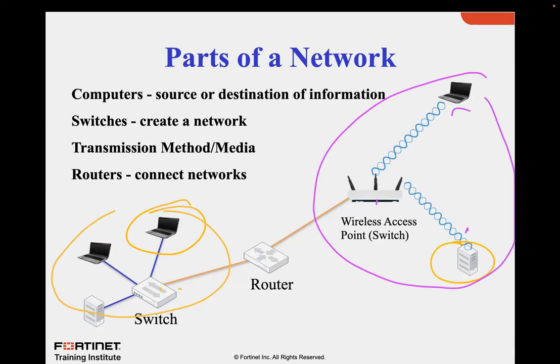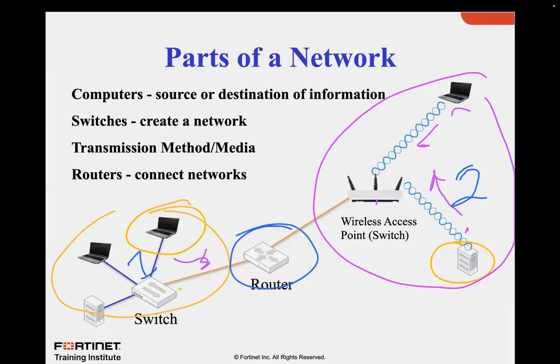We have a transmission media or a method. Here we're using radio waves. Here we're using electrical wires. Somewhere else we're using optical cable, the physical transmission media or method. And then finally, routers connect different networks. So here's a network over here, call it network 2, call this network 1.